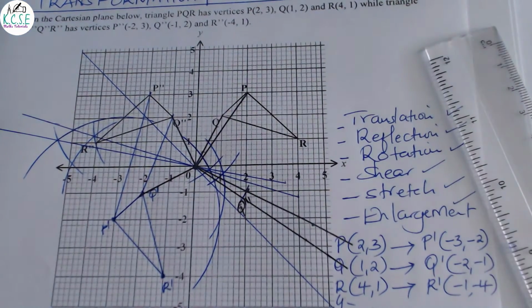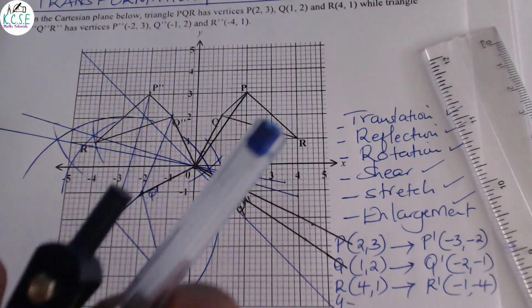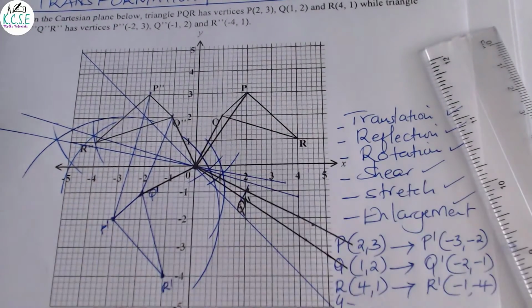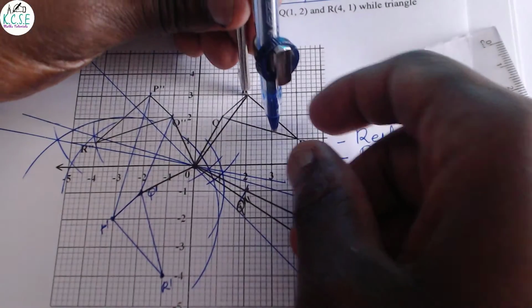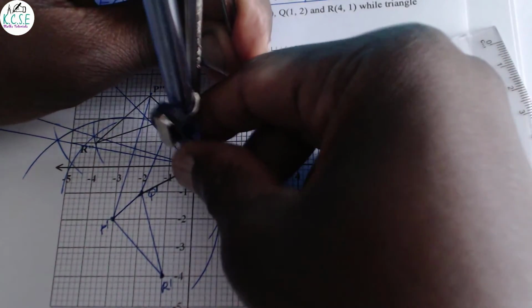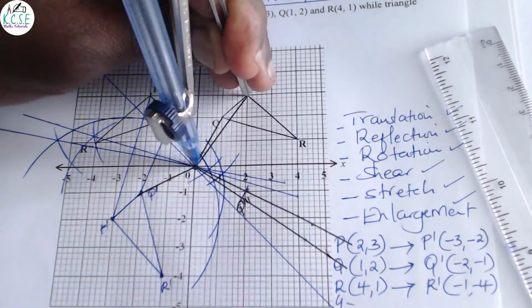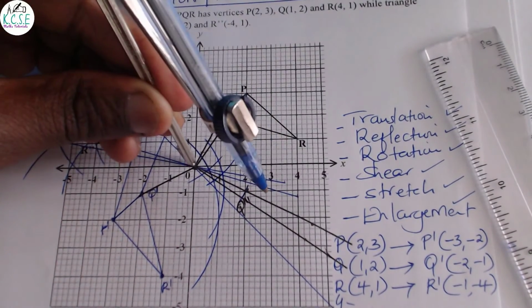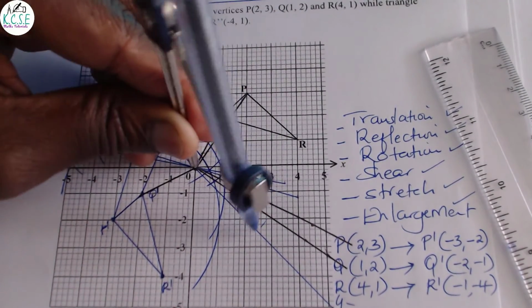So after measuring 90 degrees from this line going this way, in a clockwise direction, take this distance from P to the center. Then from the center, you mark that point here.